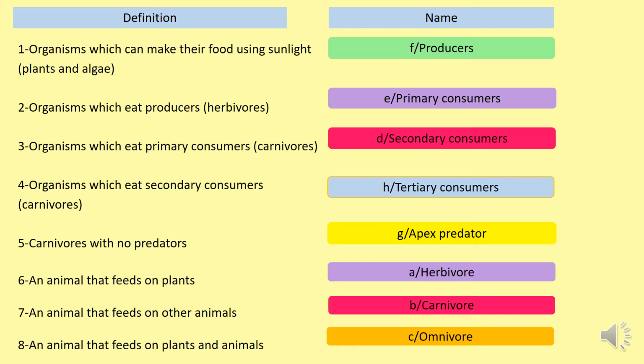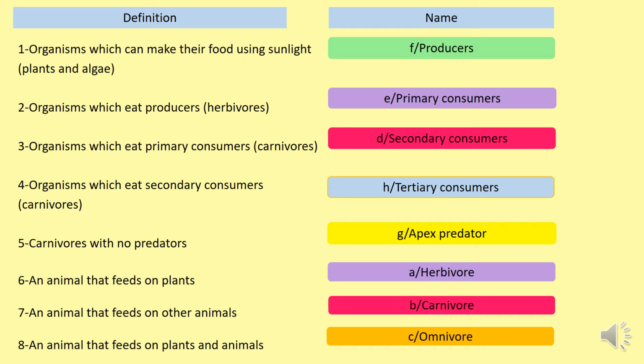So we've got number 1 as F, number 2 as E, number 3 is D, number 4 is H, and number 5 is G, 6 is A, 7 an animal that feeds on other animals is a carnivore, B, and number 8 is E. Now you should know a lot of those words, 1 or 2 like apex predator that may be new to you, but from maths, for example, we should be familiar with top or apex. Omnivore maybe is a new word to you as well.